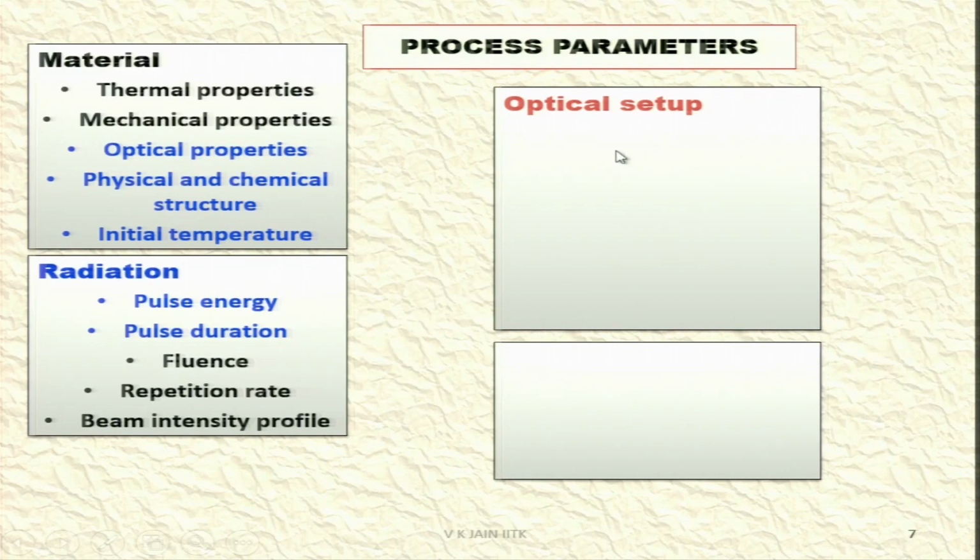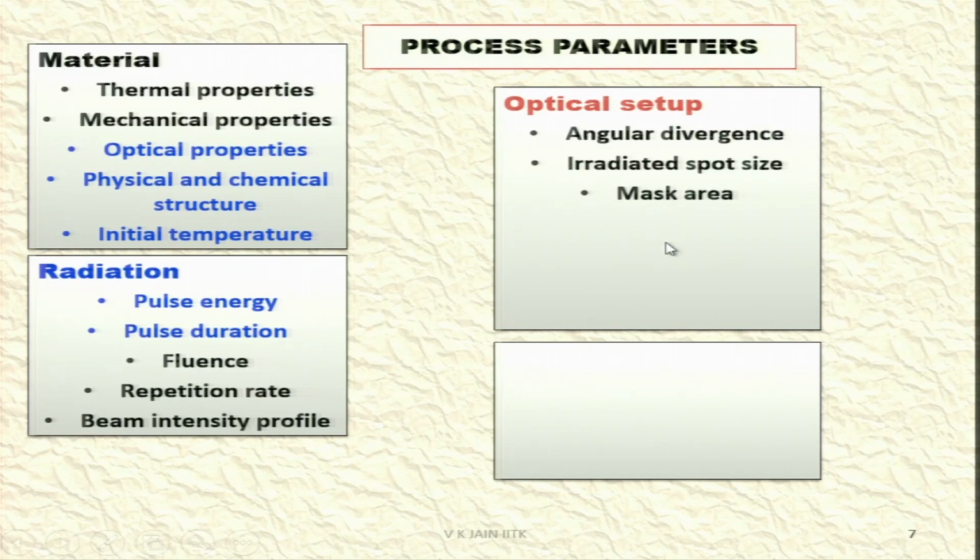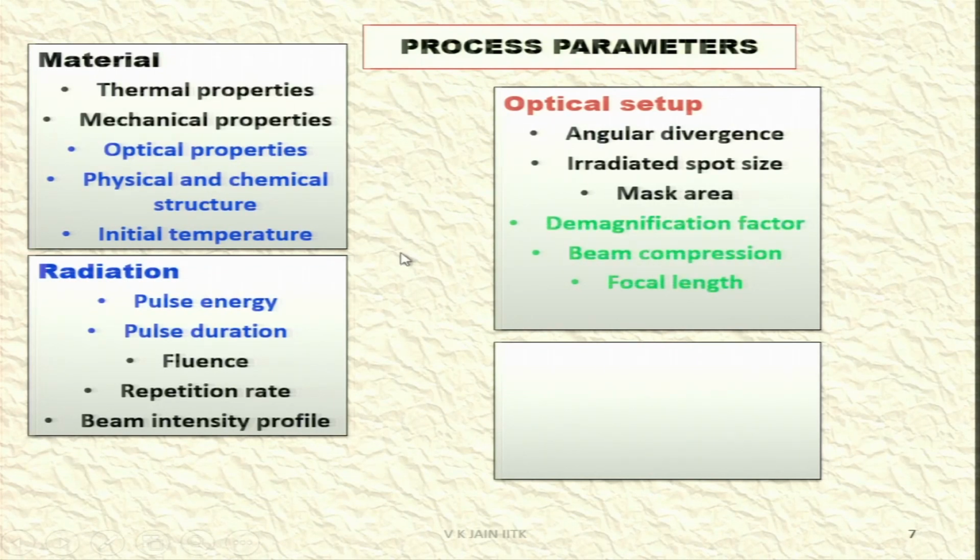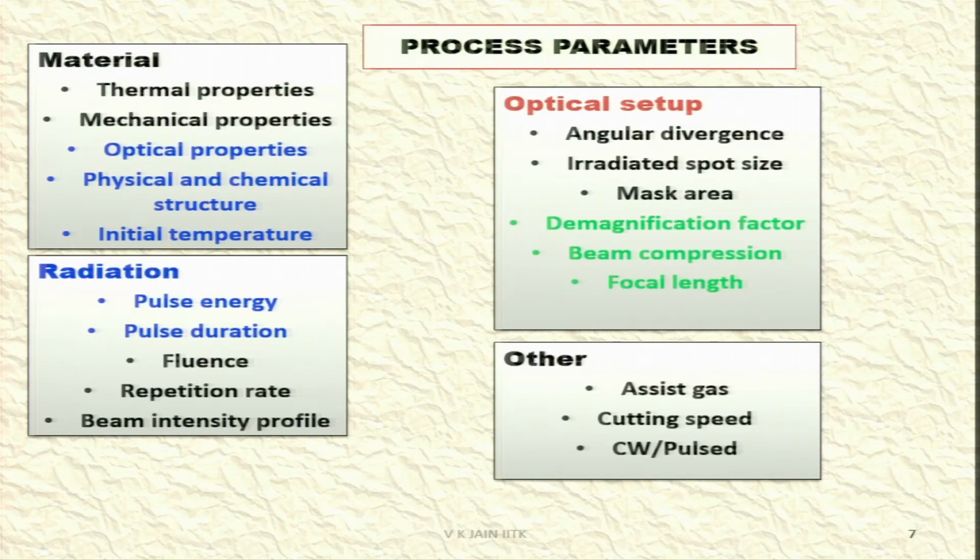beam micromachining. Optical setup, angular divergence of the laser beam or laser waves, irradiated spot size, mask area, this is very important, mask area, demagnification factor, beam compression, focal length, and others.